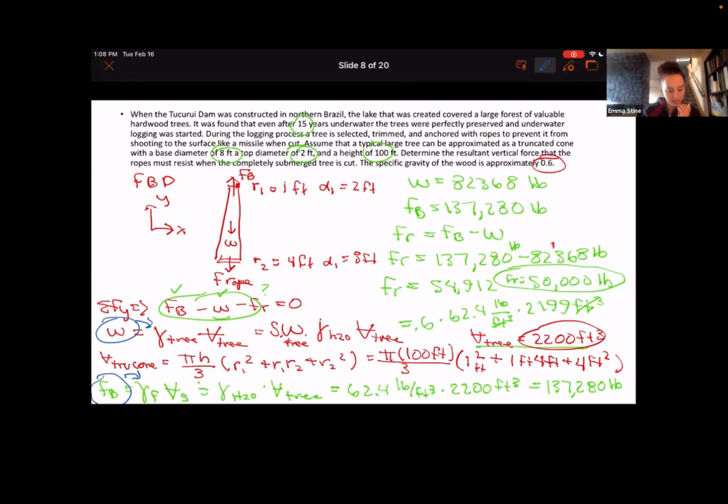If you're talking about this, we can use the specific gravity: I can multiply the 0.6 by the specific weight of water to get the specific weight of the tree.